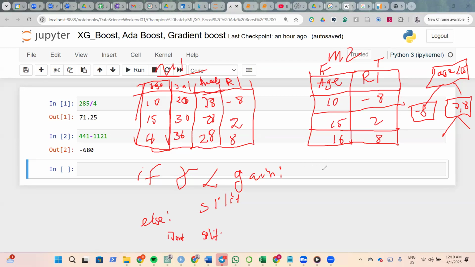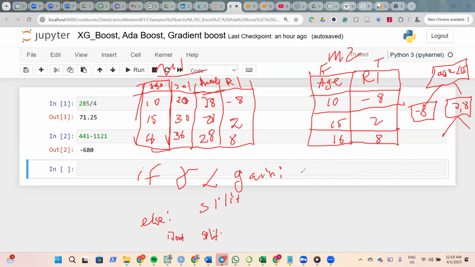Gain is the sum of SS before split, minus SS after, no, sorry, I'm mixing it up. Gain is going to be, and what is gain?